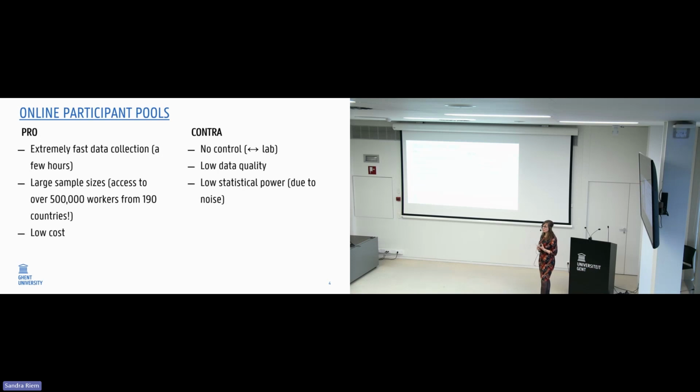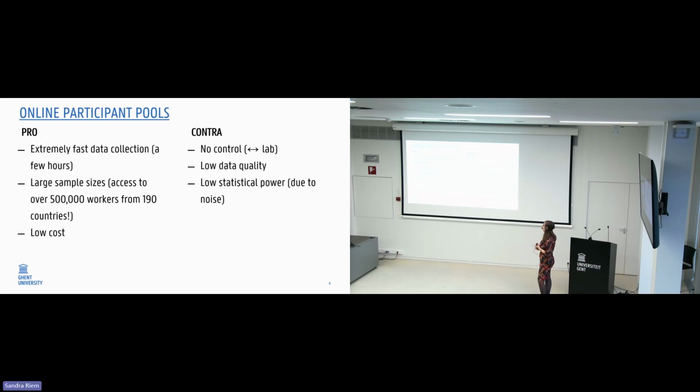In the lab you have a student group that you rely upon. You may have 200 students in your class, so your maximum number of observations will be 200. On the web, there is a larger population that you can rely upon. For instance, on mTurk there are over 500,000 workers from 190 countries, and that's only mTurk.